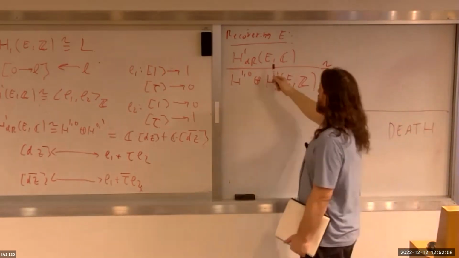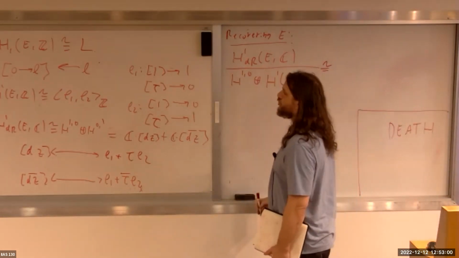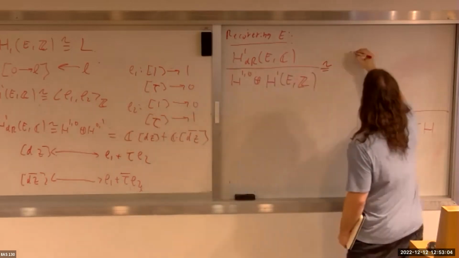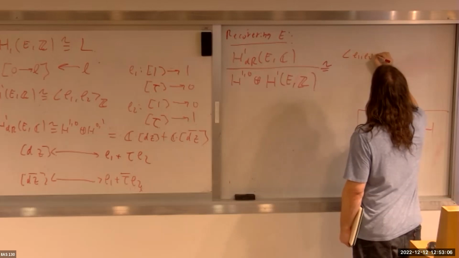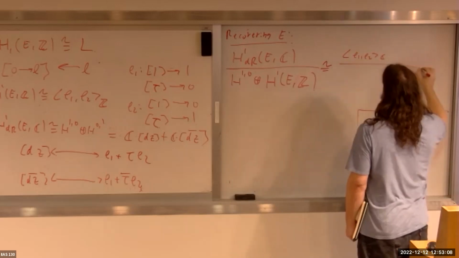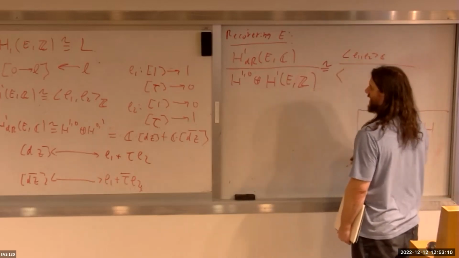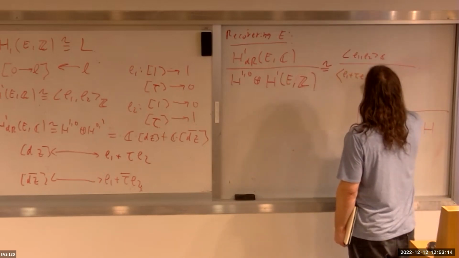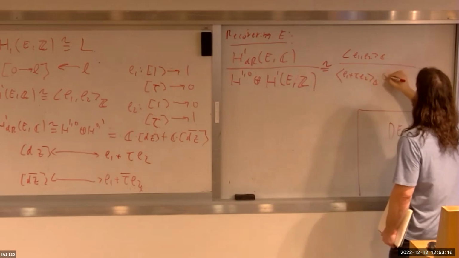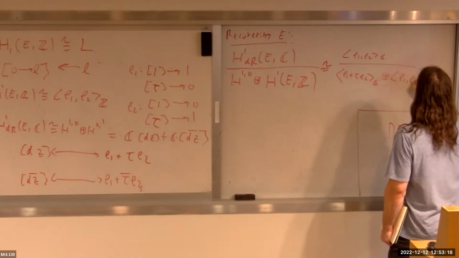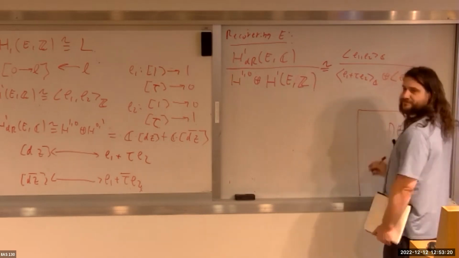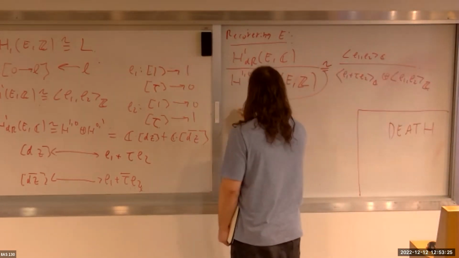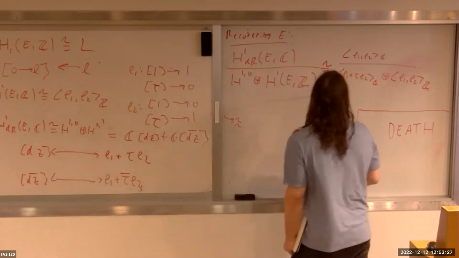Well, we can think of this as the span of e1 and e2 over the complex numbers. And we're modding out by H^{1,0}, which is the span of e1 plus tau e2 over the complex numbers, together with the span of e1 and e2 over Z. Okay.